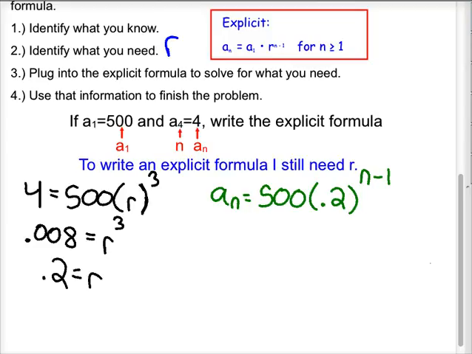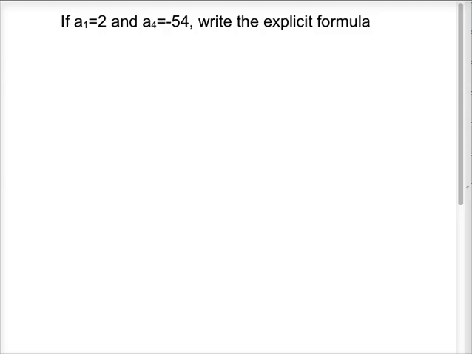All right, so let's try another example, shall we? So if A1 is 2 and A4 is negative 54, write the explicit formula. So again, first let's start by identifying what I know. I know my A1, I know a future term, and I know the n of that term. And what am I missing?